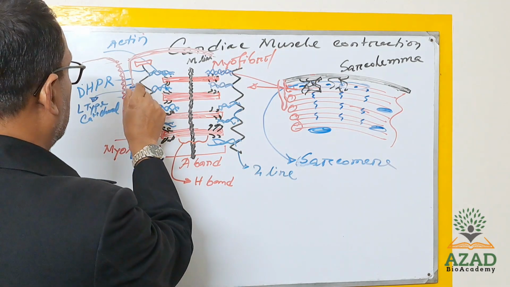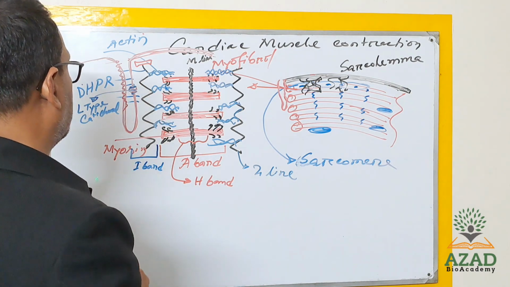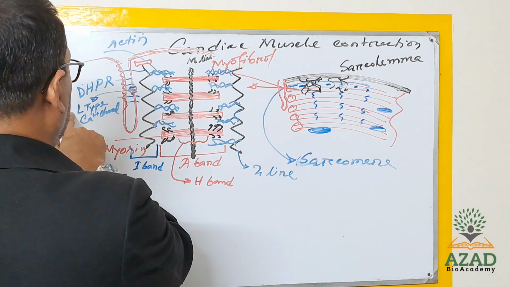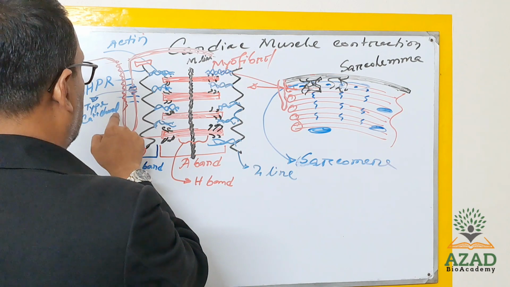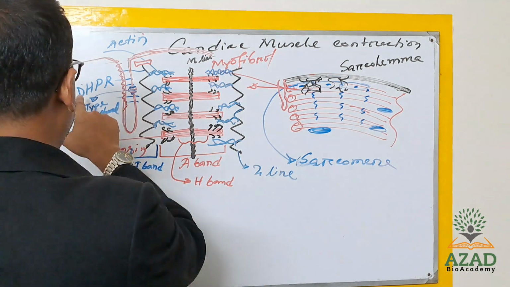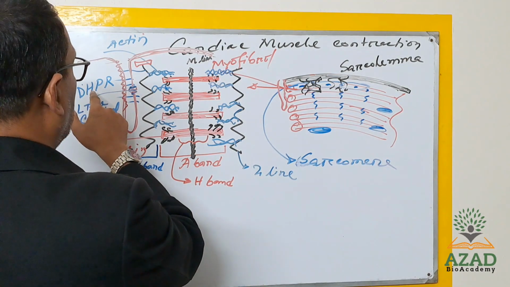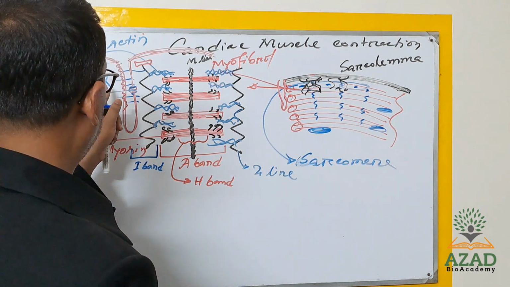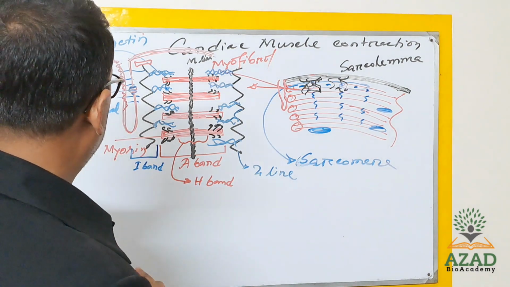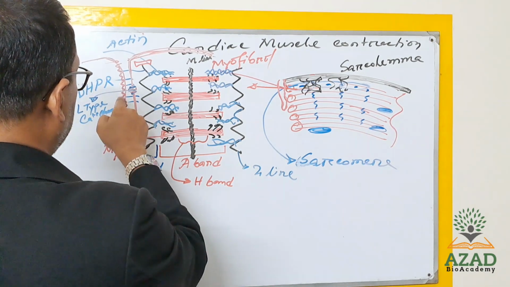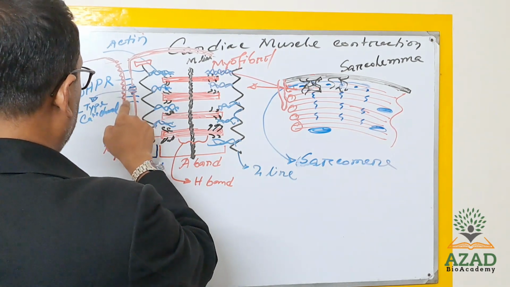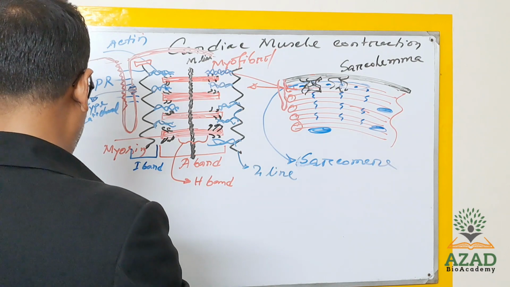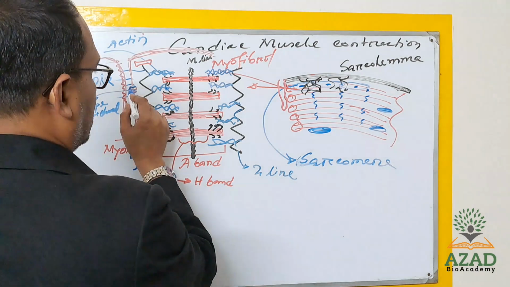This special calcium channel is named the L-type calcium channel, or you can say dihydropyridine receptor, that is DHPR. When action potential reaches there, by the influence of action potential, that calcium channel will open.